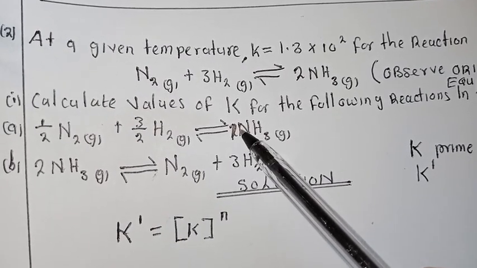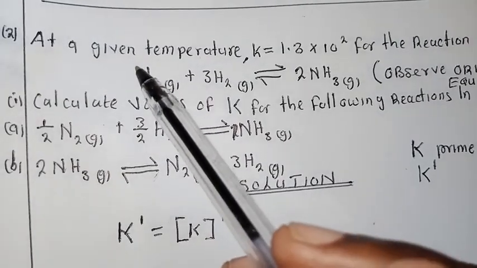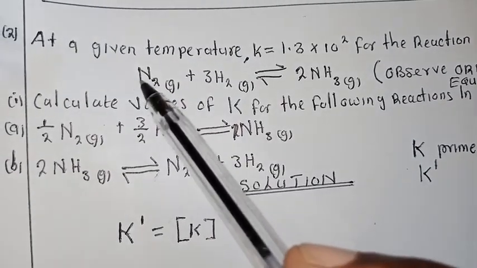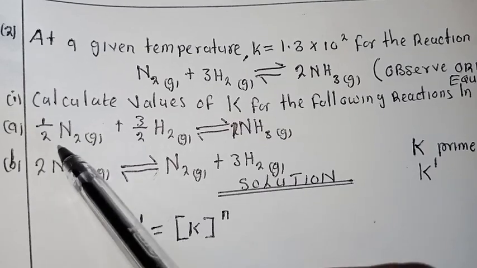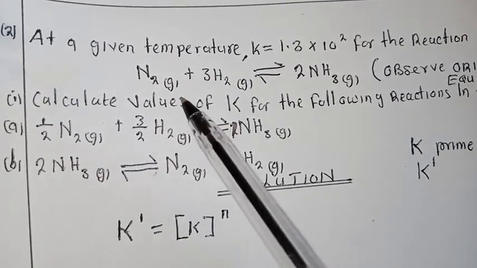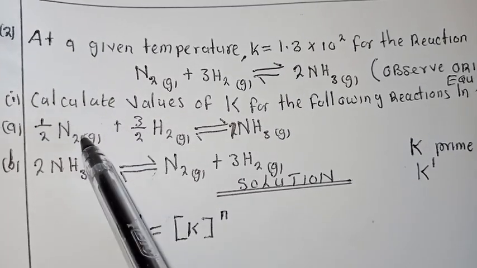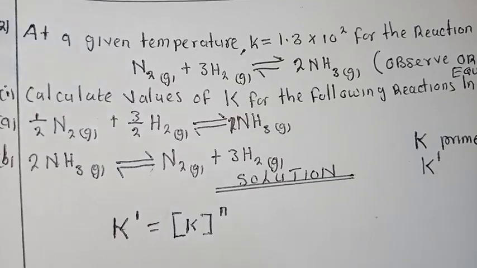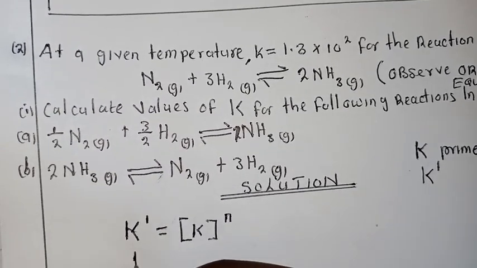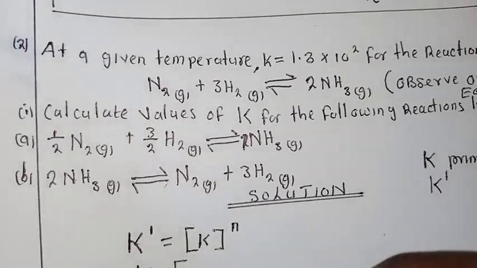So it simply means that if we multiply by 1 over 2, then n is going to be 1 over 2. 3 multiplied by 1 over 2 will be 3 over 2. 2 multiplied by 1 over 2 will be 1. So they were multiplying by 1 over 2. Therefore, K prime is going to equal K to the power n.